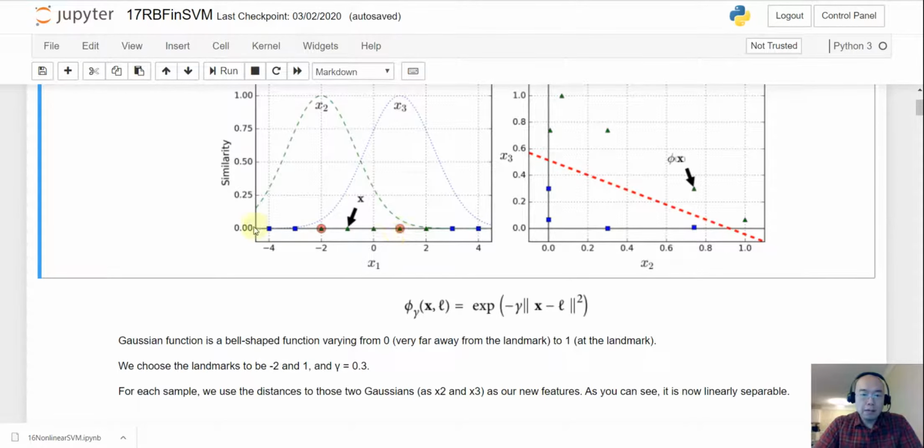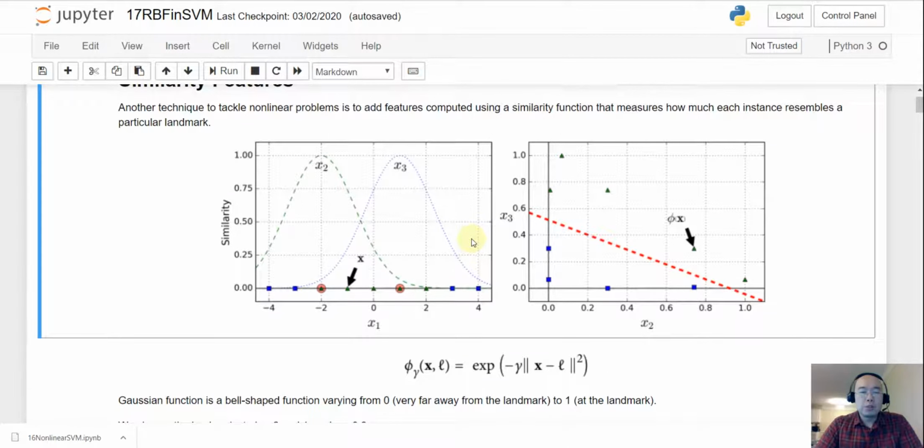We have, probably, nine samples. So in this case, the real way to do the Gaussian kernel is to draw the Gaussian curves on all the samples, and that's a lot.